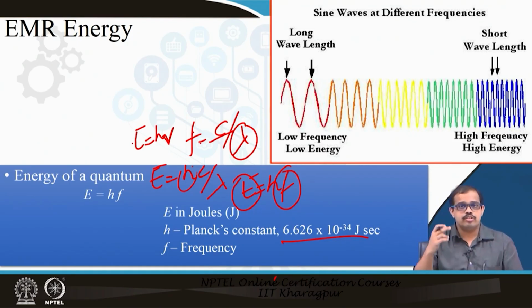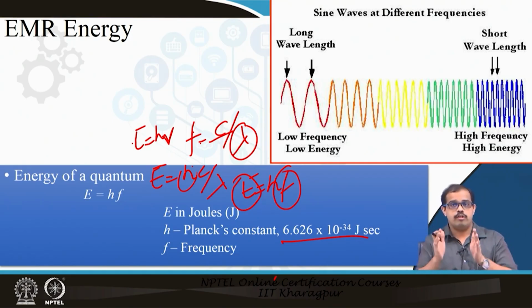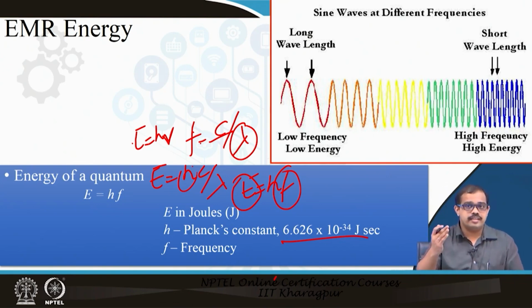So, it is easy to capture more information in a shorter wavelength, with high energy and high frequency. So, this is how it is implicated in your remote sensing, okay.